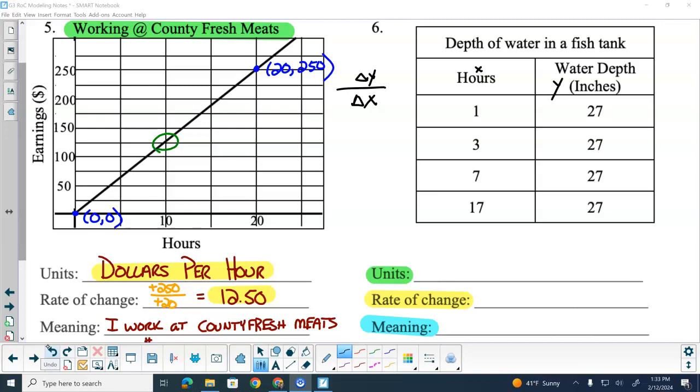So this is words now. Inches per hour. Okay, I would accept inches per hour. I would not just accept inches because that's not a rate. That's just a number. What did we find as our rate of change?